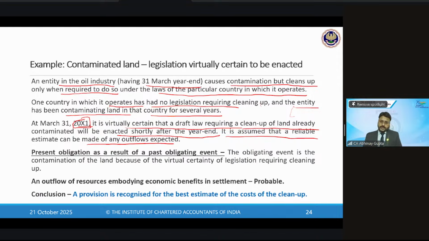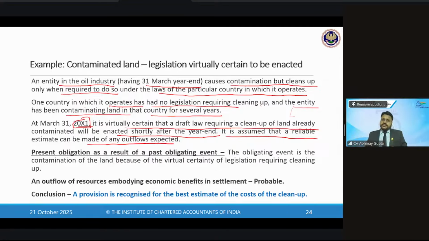Yes. But because the law is expected to be enacted after the year end, and it is virtually certain that the law will be enacted, on 31st March 2001, although the law is not yet actually enacted, it is virtually certain that it will be enacted, right? So what do you think by virtually certain here?